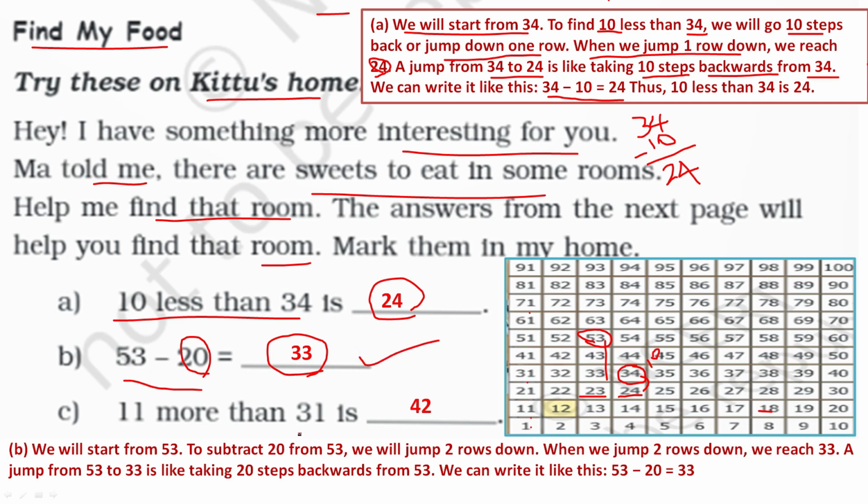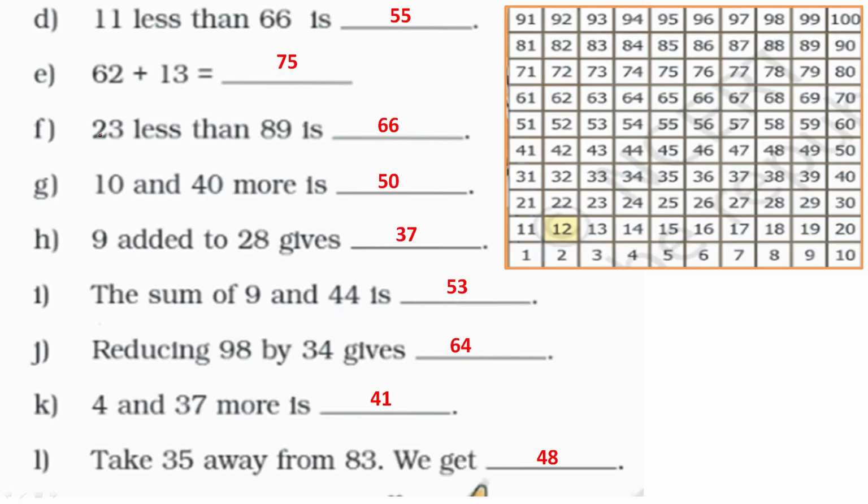11 more than 31. 11 more than 31 is equal to 42. That means 11 plus 31 is equal to 42. 11 less than 66.